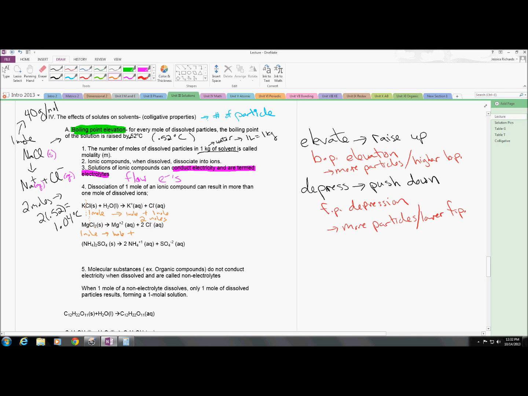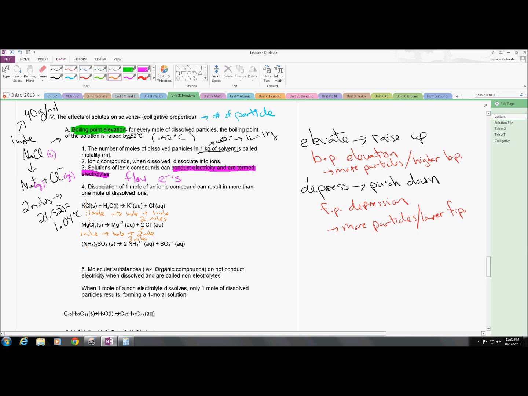It doesn't stay hooked together in 2 pieces. So I end up with 2 moles of chlorine ions for a total of 3 moles of particles. So magnesium chloride would have a bigger effect on the boiling point than potassium chloride because it's made of more pieces.